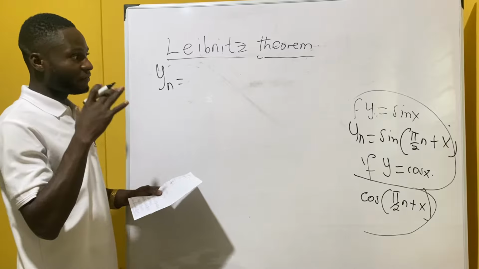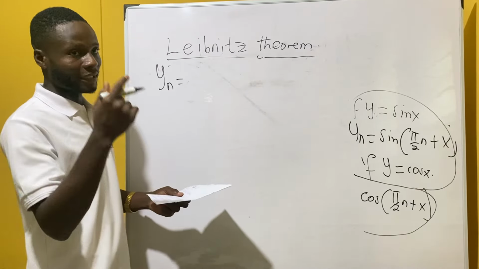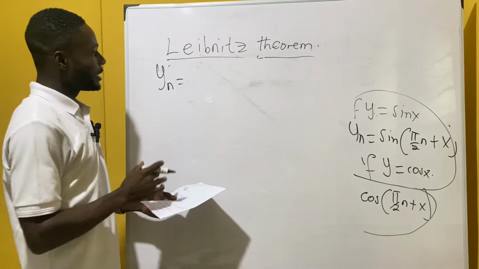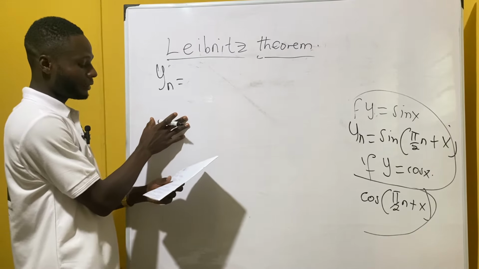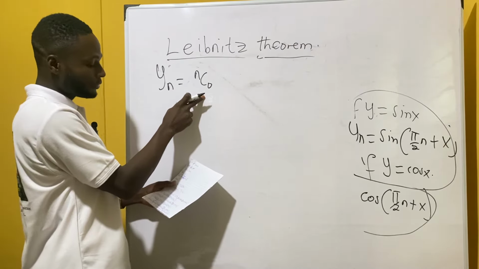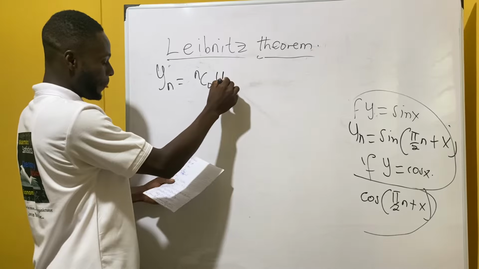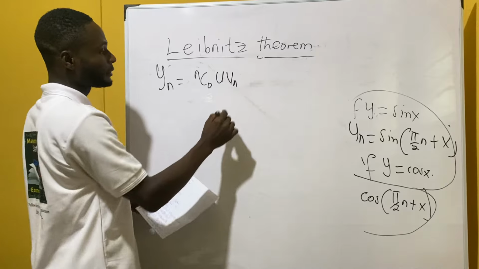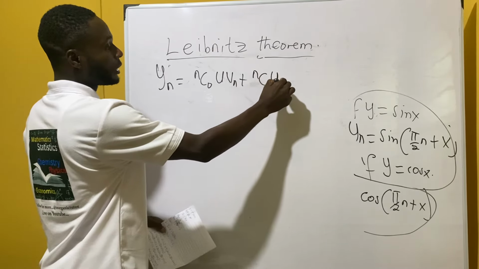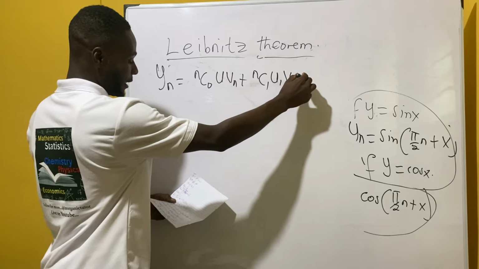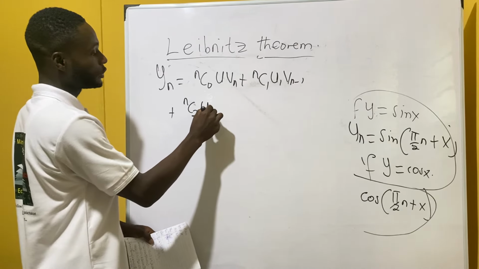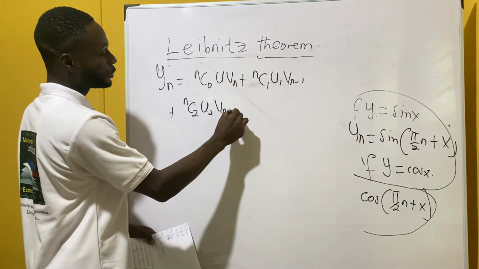It says that if a function can be differentiated to an nth derivative, then we can consider the next one that we can differentiate down to a constant, and the formula is written in this form. So we say that the nth derivative is n combination 0, u_n v, plus n combination 1, u_1 v_(n-1), plus n combination 2, u_2 v_(n-2).